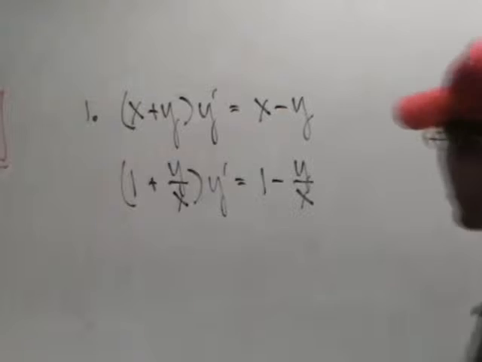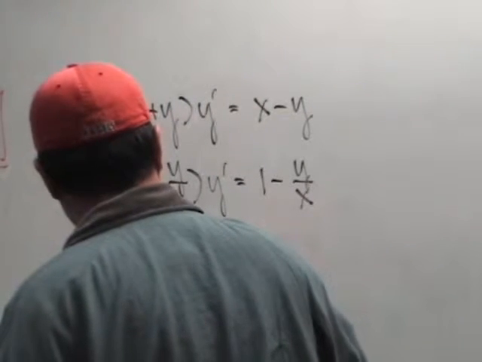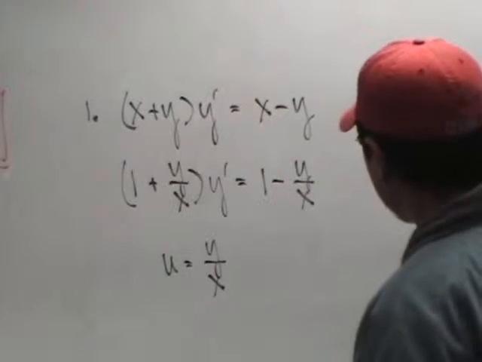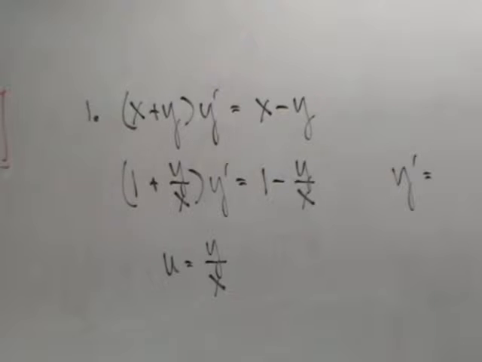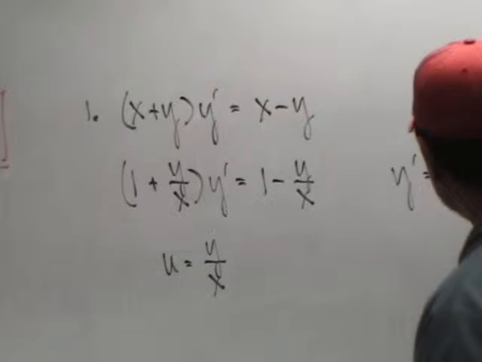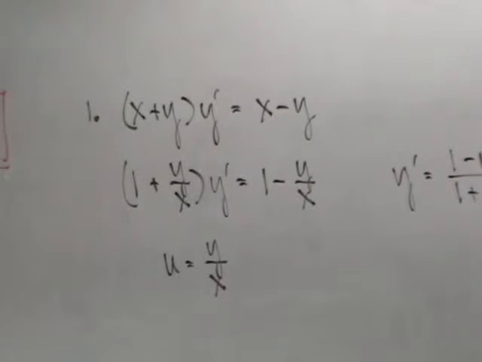So if you were to make the substitution u equals y over x, then you can see that y prime is equal to what, guys? What's y prime equal to? 1 minus y over x, which is u, so 1 minus u over 1 plus u. So that is your function of u. You all understand, right? That's your f of u.